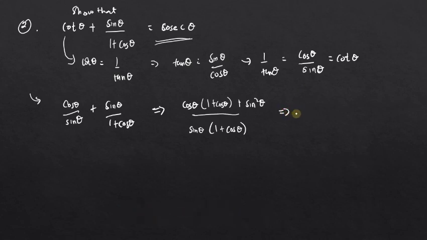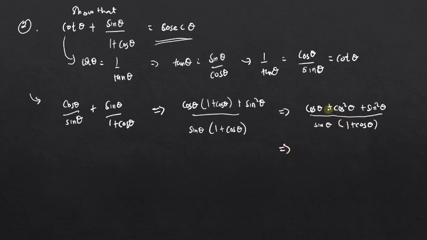When you simplify this further and open the bracket, we have cos theta plus cos squared theta plus sine squared theta, all over sine theta into bracket 1 plus cos theta.